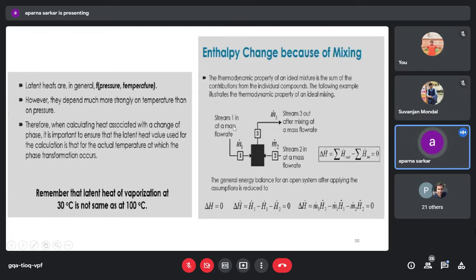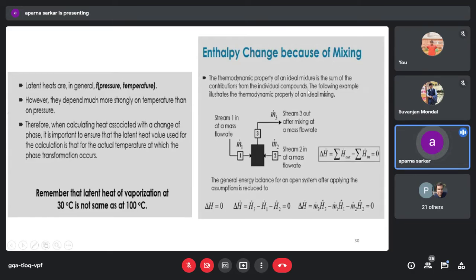We can see stream 1, an input, and stream 2, an input, with m1 and m2 the mass flow rates of stream 1 and stream 2 respectively, and we have one output, m3.